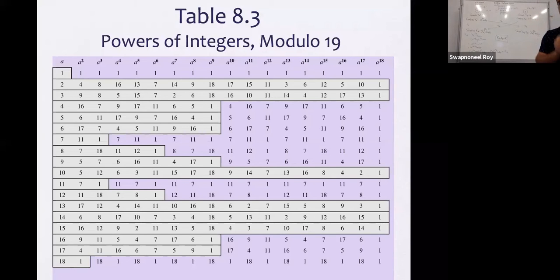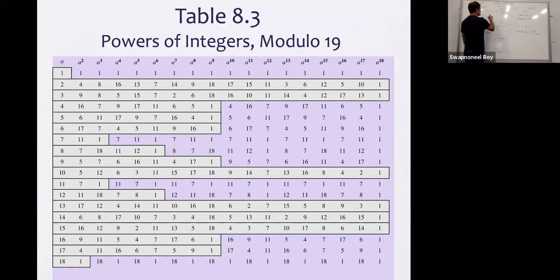So what that means is, if you take the base as 1 through 18, then this table gives you, so there are two things over here. One is the base and the other one is the exponent.